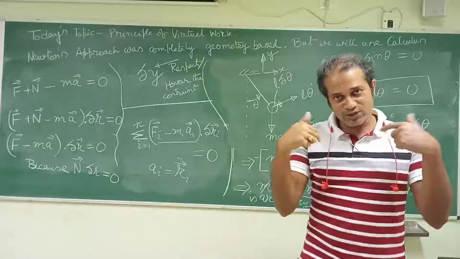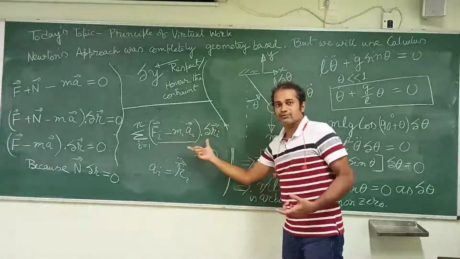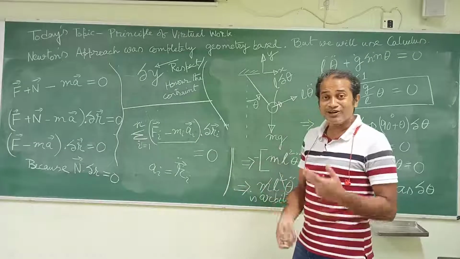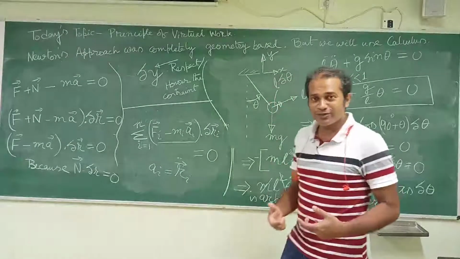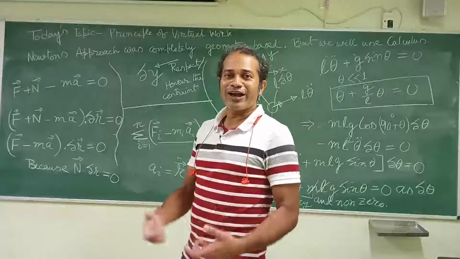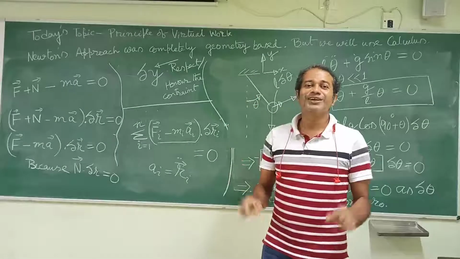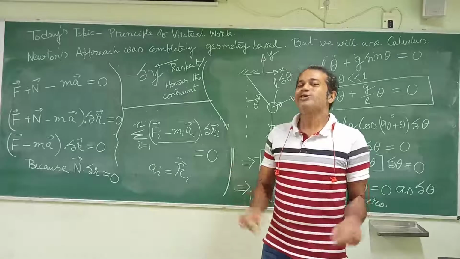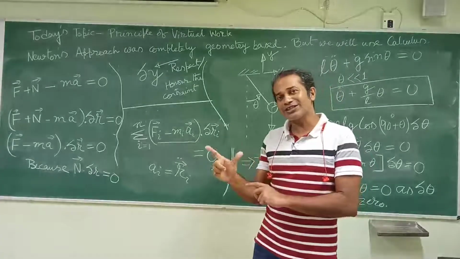So it is always wise to represent this delta r_i in terms of generalized coordinates or the degrees of freedom. So if I am going to go for 2 degrees of freedom or 3 degrees of freedom, what I will do is first identify the generalized coordinates, or the degrees of freedom coordinates. Okay? So over there I am going to give the virtual displacement along the generalized coordinate.